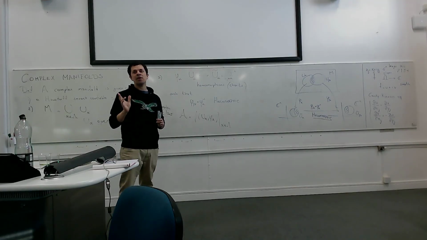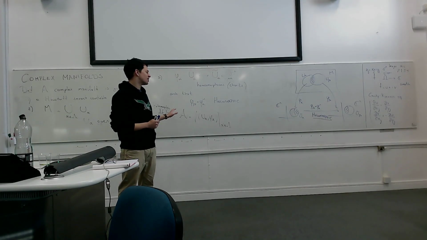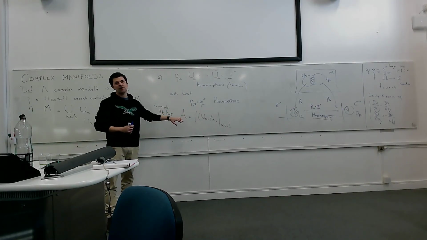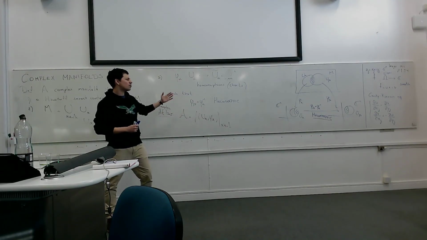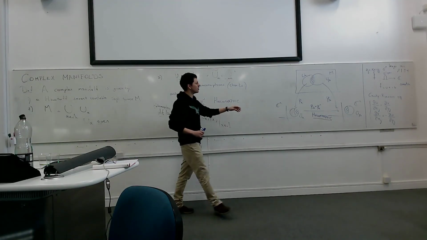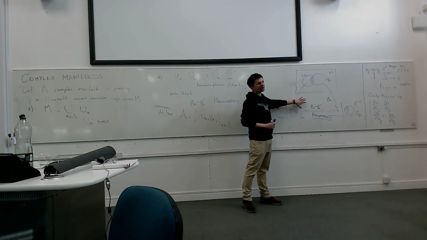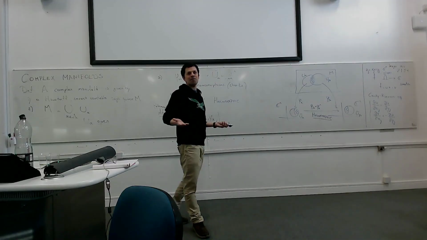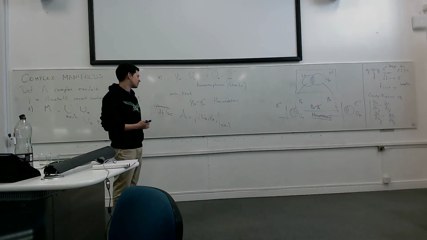Here I want to mention a technical point in the definition, which is that this atlas is sort of an accessory thing. Once you have an atlas, you can just change it. Let's say I can add a constant to this, and you still have a holomorphic atlas, but the complex manifold is the same.